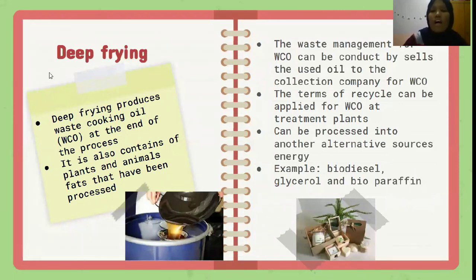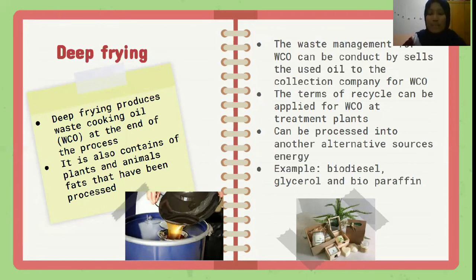The waste cooking oil can be managed by selling the used oil to a collection company in Malaysia. A collection center can be found, for example, in Petaling Jaya. After it is transferred to the collection center, it undergoes recycling in the treatment plants.